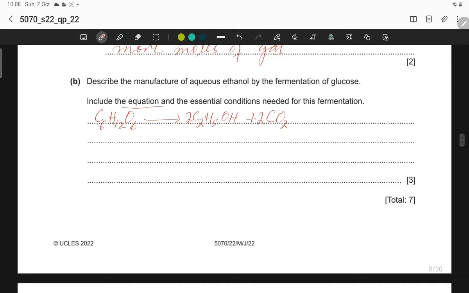The conditions are the presence of yeast, enzyme, temperature range of 20 to 40 degrees centigrade, and absence of oxygen.